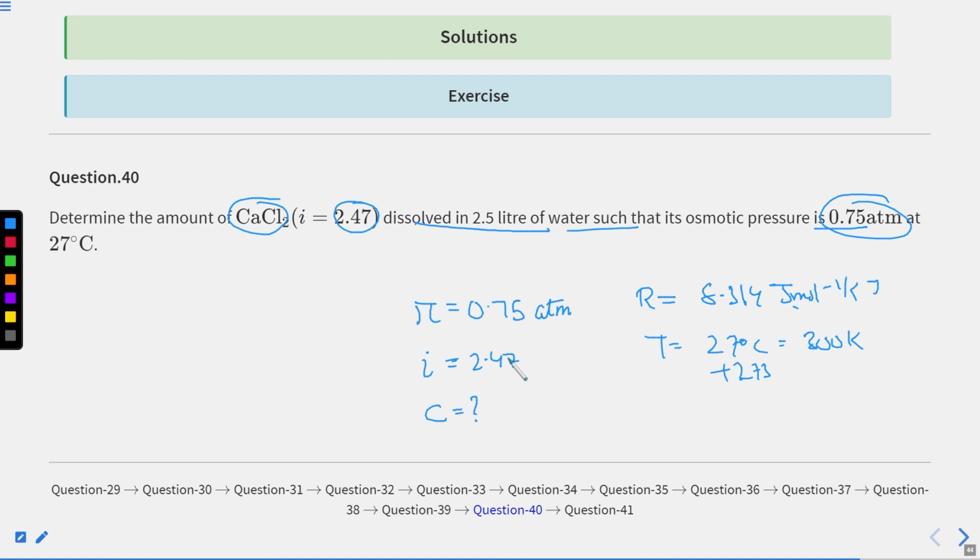We know i, we know pi, we know R. We have to convert this R into liter atm, because the pressure is in atm.